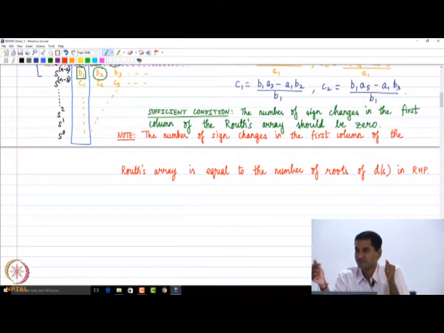Sir, will it contain roots that are on the j omega axis? Good question, good point. I am coming to it. If you have sign changes, you count the number of such sign changes, and that number is equal to the number of roots in the right half of the complex plane. Now he asked a very pertinent question. I can have polynomials which have roots on the j omega axis.